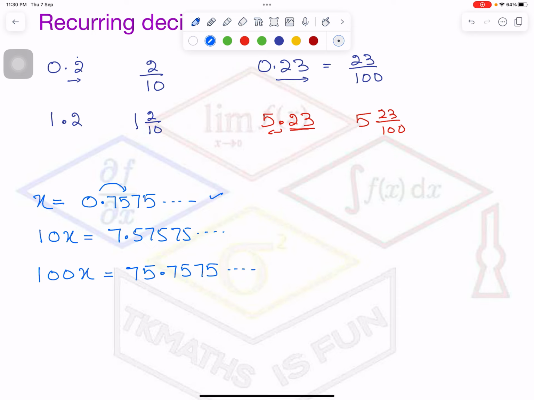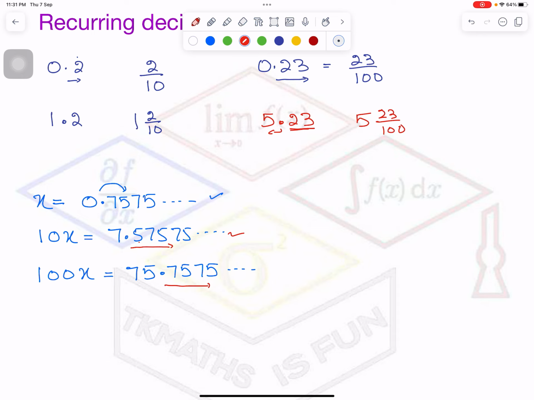But if I notice, digits after decimal here and here are not same. This one is starting with 5757 and so on, and this is 7575. You can't subtract it. You have to take those numbers so that digits after decimal are same and I can subtract them.